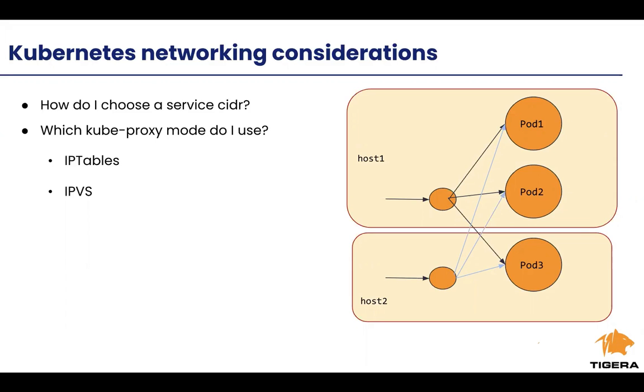Kube-proxy has a couple of different modes. The two modes that are probably the most widely used are iptables and IPVS. By default, I believe iptables is still the default kube-proxy mode, and what it does is NAT the traffic to the pods behind it.